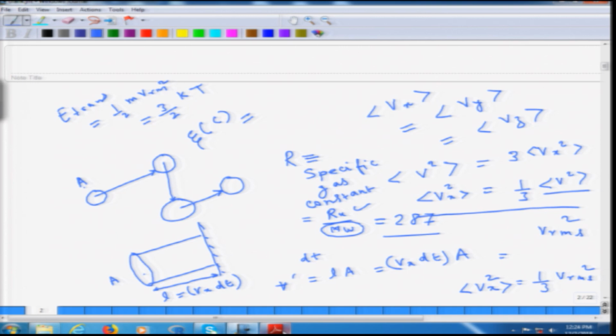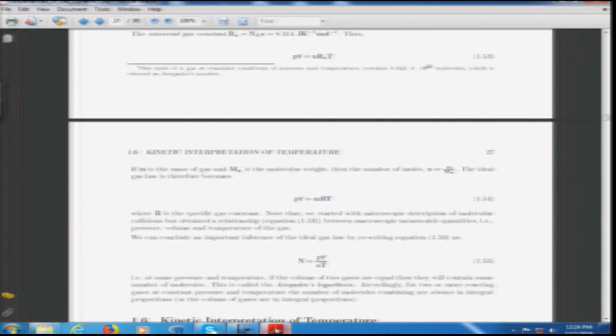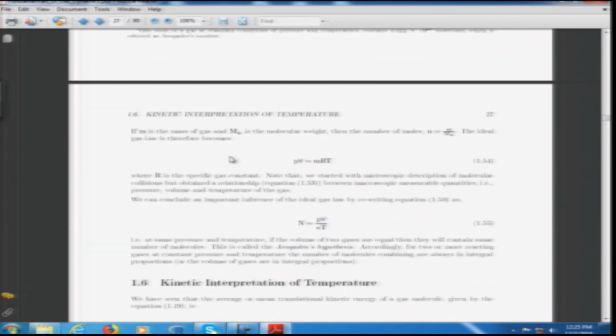Rewriting expression 1.50, that is PV is equal to NkT, we can write N is equal to P times volume upon kappa into T, where kappa is the Boltzmann constant and T is the temperature.